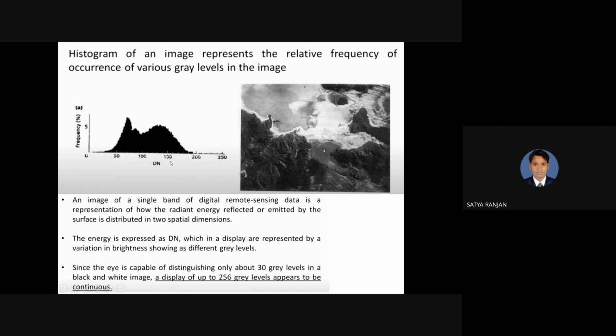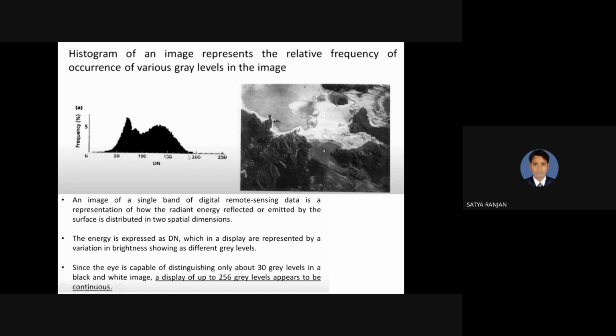Then 100 to 170 or 180, that is the mid gray value, is present. Then a very small number of brightness levels is present from 180 to 200. So 200 to 250 is absent.